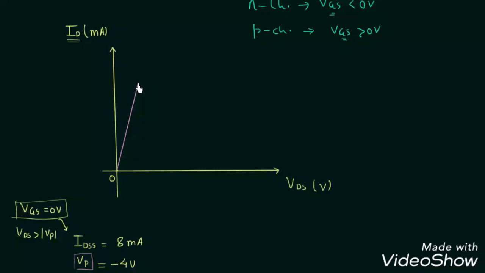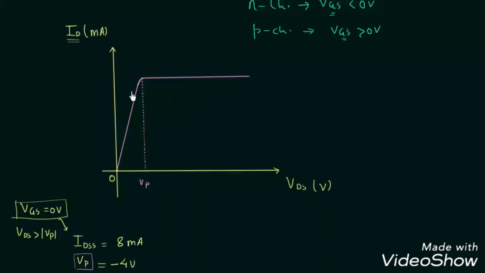Let's say the x coordinate of this point is the pinch off voltage. If I drop a vertical line on the x-axis, it will give us the pinch off voltage. I will represent it by VP. And now if you increase VDS, current ID will become constant like this.